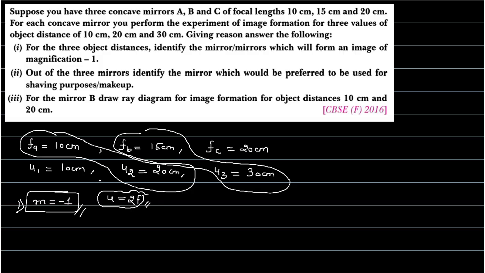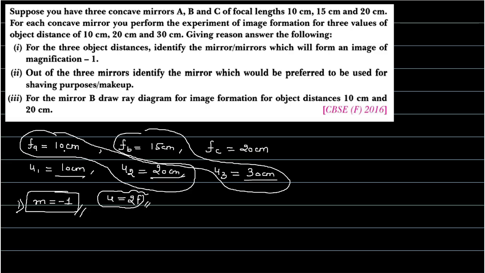But in this case, all the mirrors are given, all the object distances are given, beyond focal length. Okay, fine. So, out of the three mirrors, identify the mirror which would be preferred to be used for shaving purpose and makeup. You are having three distances, no?